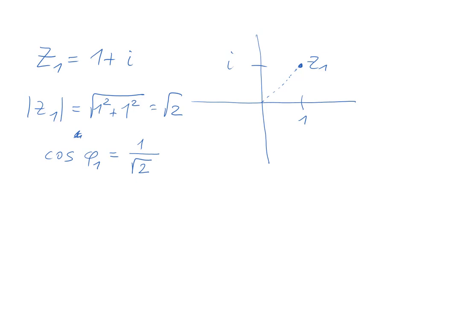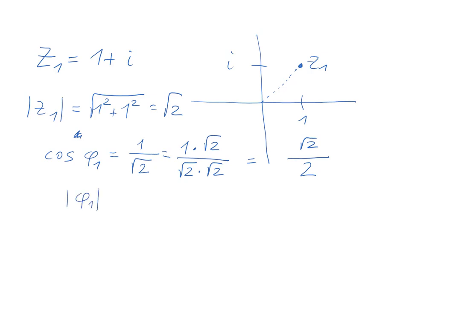And this can be written in the following form. We expand the fraction by the number square root of 2, with the effect that we get in the denominator square root of 2 times square root of 2, which is square root of 2 squared, so this is just 2, and we get it in the form that we have no square root in the denominator. Now we have to look at the function arcus cosinus.